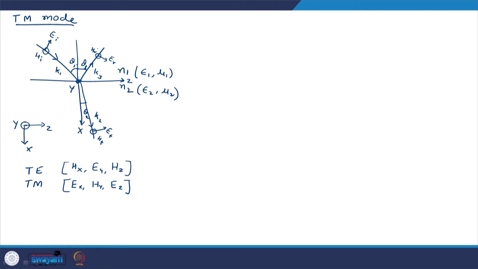So, let us say that the equation for the incident plane wave is E I equal to E I 0 e to the power i omega t minus k 1 dot r.